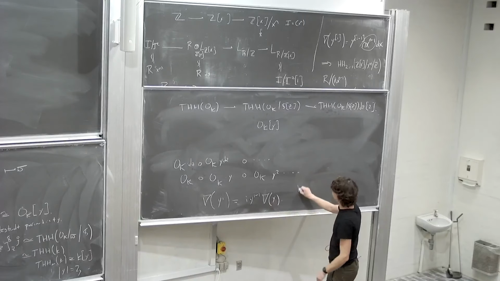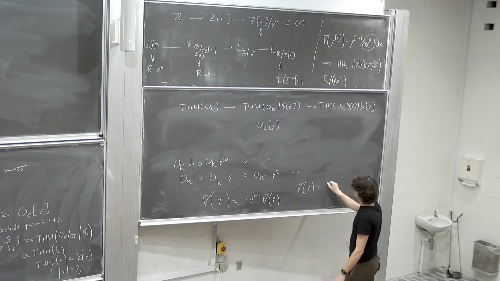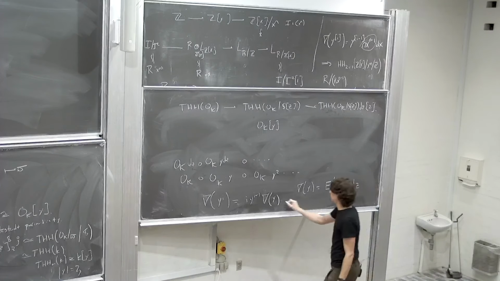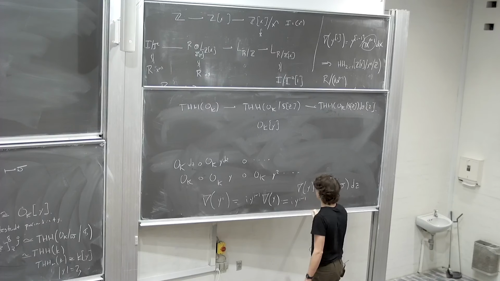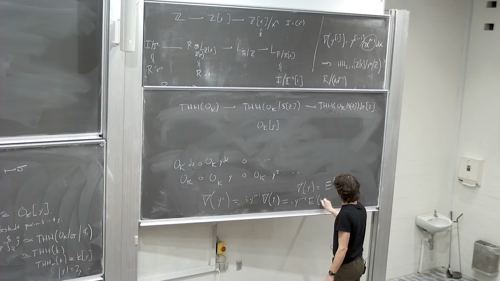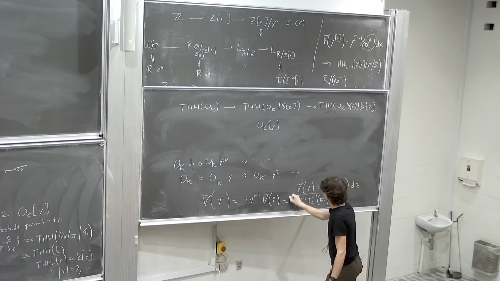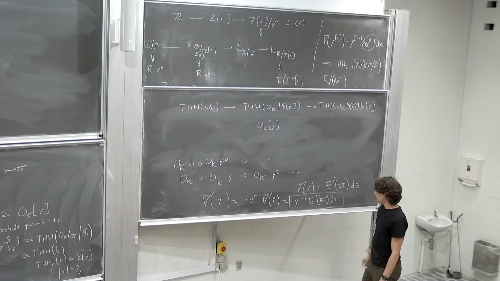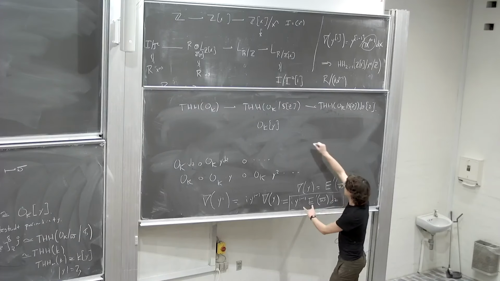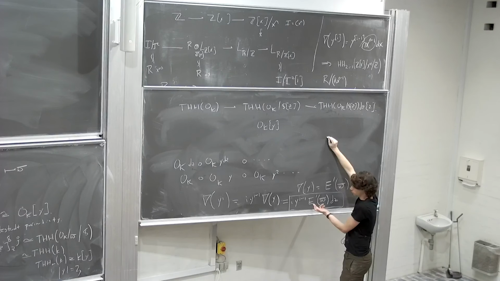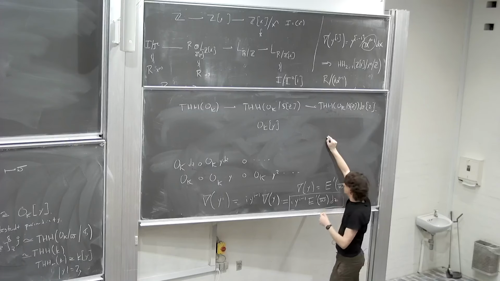So what is this nabla y? Well, it's the derivative of the Eisenstein polynomial evaluated at pi dz in this case. So this is then i y to the i minus 1 times e prime of pi dz. And now what you see, the corollary, is that this derivative is never 0, because the top term is a unit multiple of some power of z.